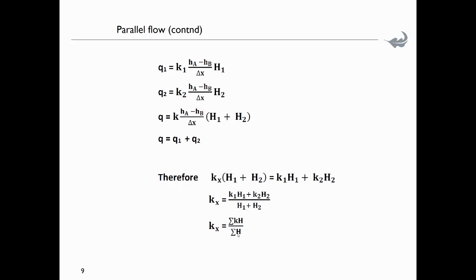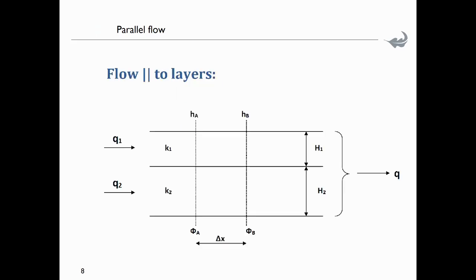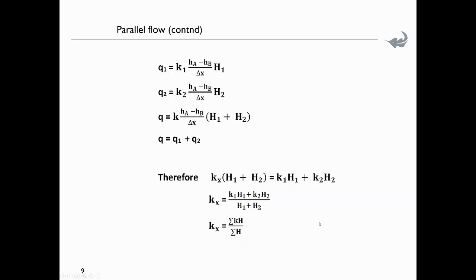Because there are different layers, so if we go back to this drawing, there's the h for this layer, and h for this layer, and h for another layer, etc. And we end up with this formula for kx.